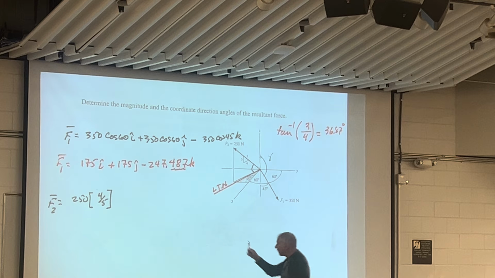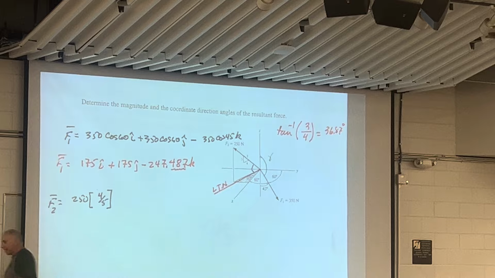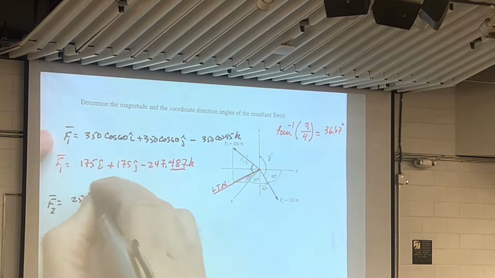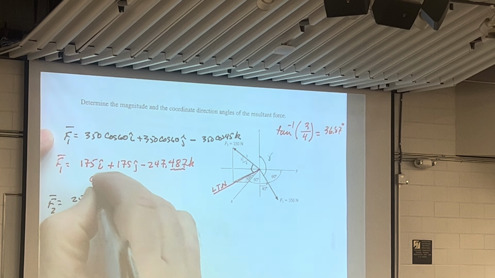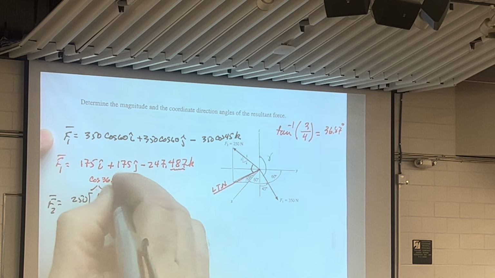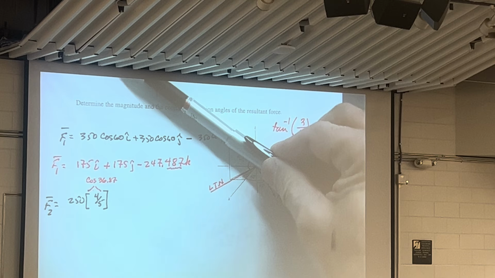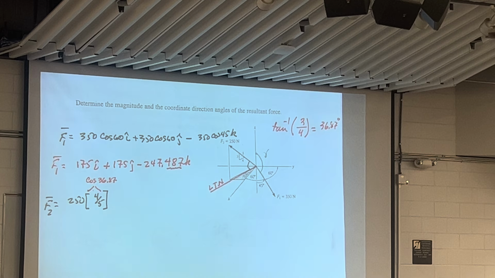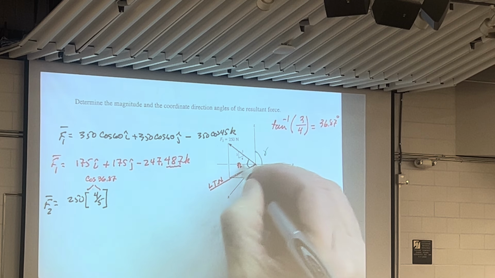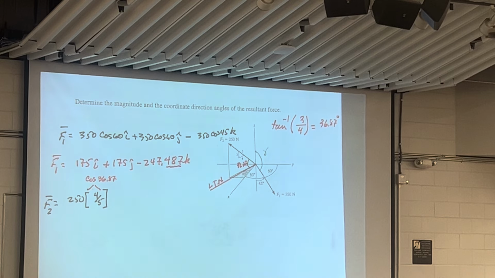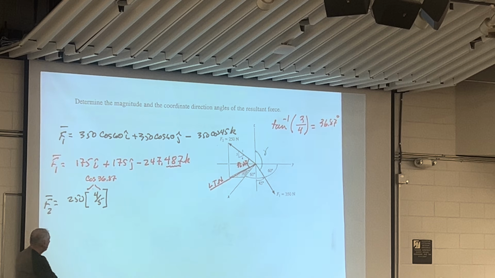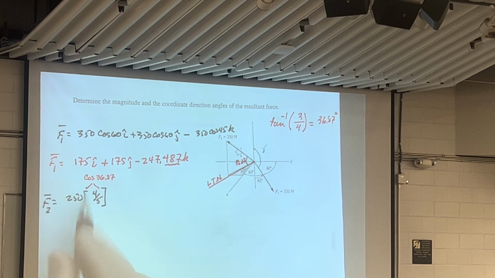So really, that 4 over 5 is representing cosine of 36.87, which is what you want to do to swing it to the line of nowhere. So this angle here is 36.87 if you want to do it by angles. I think you should start getting used to this 4 over 5.